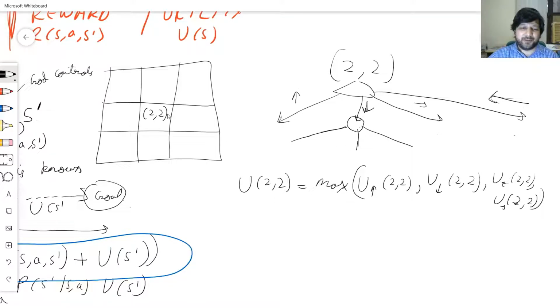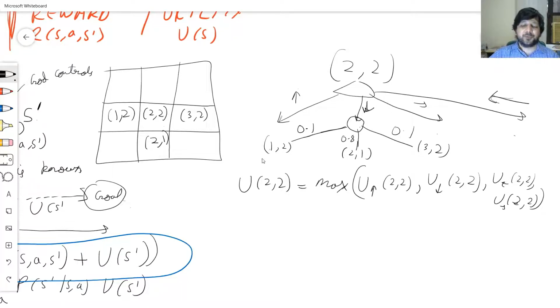From 2, 2, if I apply down, I can either reach 1, 2 with a probability of 0.1, reach 3, 2 with a probability of 0.1, or reach the correct one, 2, 1, with a probability of 0.8.